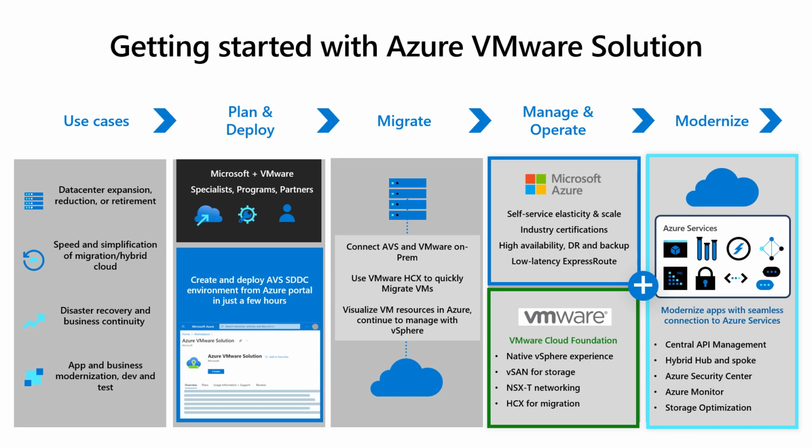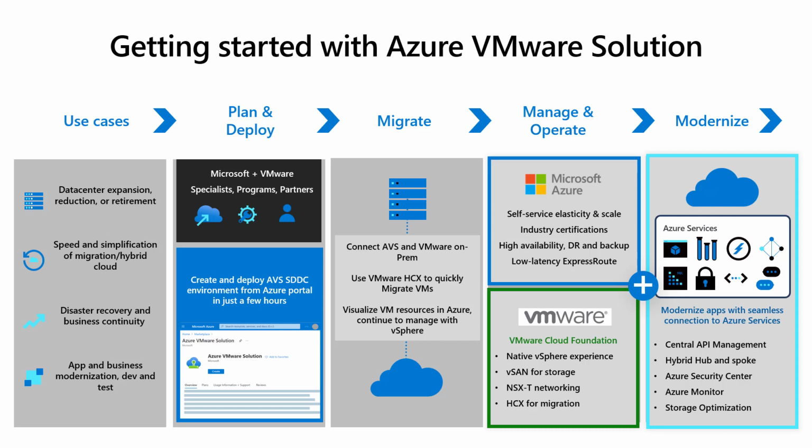Next comes the planning and deployment, where you can take a look at the Microsoft and VMware partnership. You can lean on specialists, programs, partners to gain some agility and some speed related to your migration into Azure. You can create the AVS software-defined data center within a few hours. It's a very straightforward process.